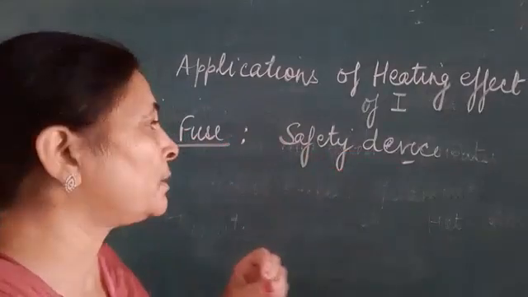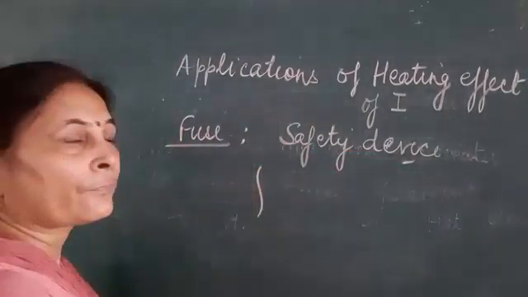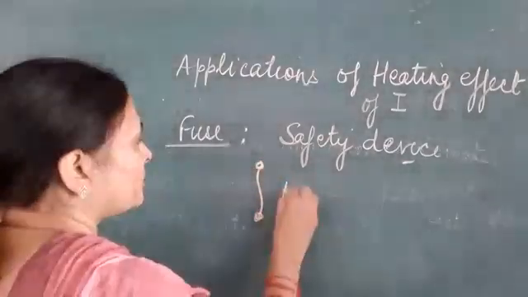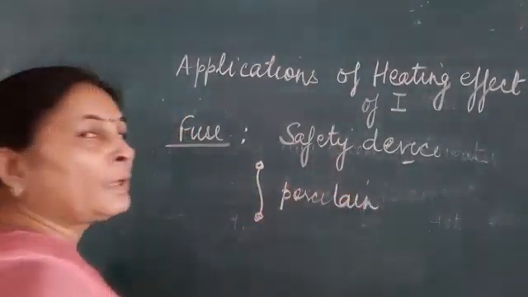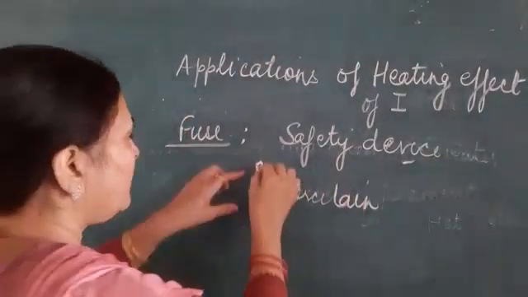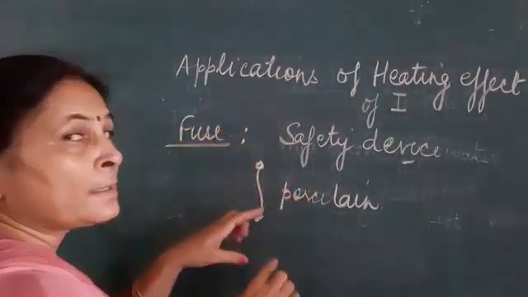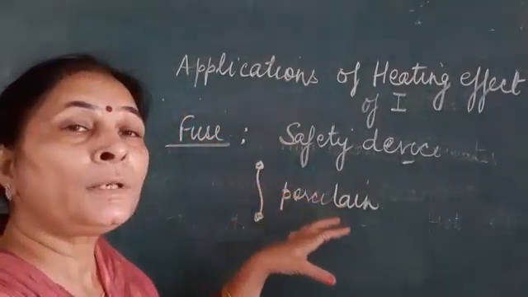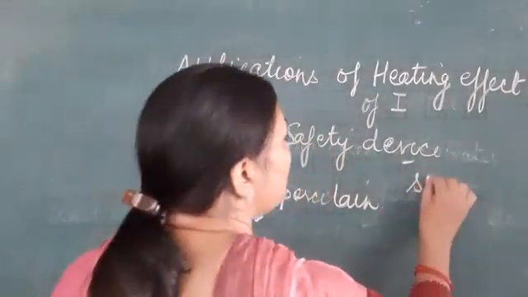How is it constructed? It is in the form of a wire encased in a porcelain dish made of porcelain, and then there are two metal ends to which a wire, known as the fuse wire, is connected. How is it connected in a circuit?